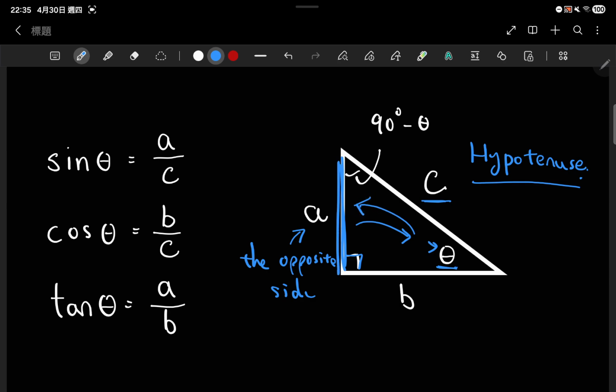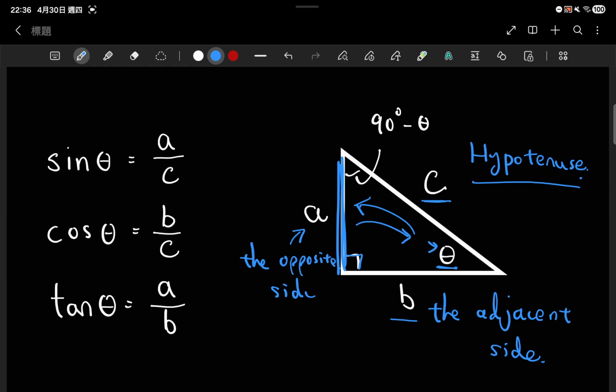So we can find A because it's opposite to theta. Later we have the adjacent side, B, because the adjacent side is beside the angle. But why is it not C? Because C is the longest side, C is the hypotenuse. So we define the hypotenuse, the opposite side and the adjacent side.